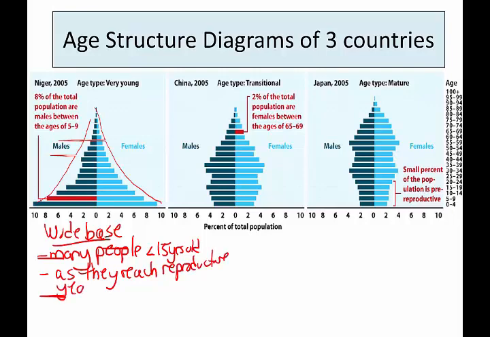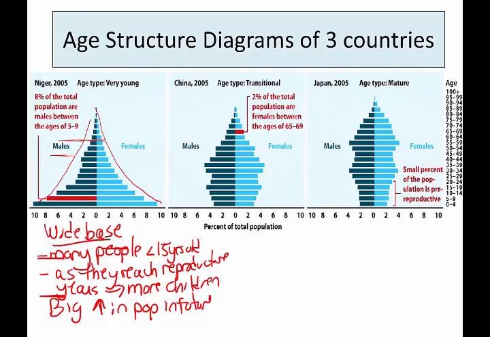They're going to have more children. So in this kind of diagram, what you would expect is a big increase in population in the future, when you see these diagrams that are bottom heavy like that. So even if the females who are coming along only have 1 to 2 children, there's still going to be a big increase in the population because there's so many females of that age.